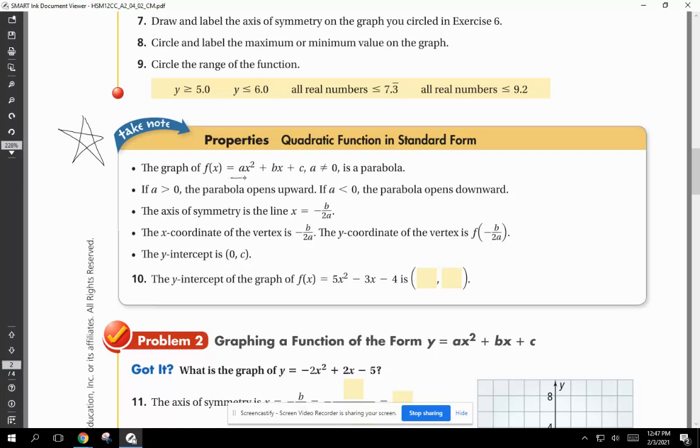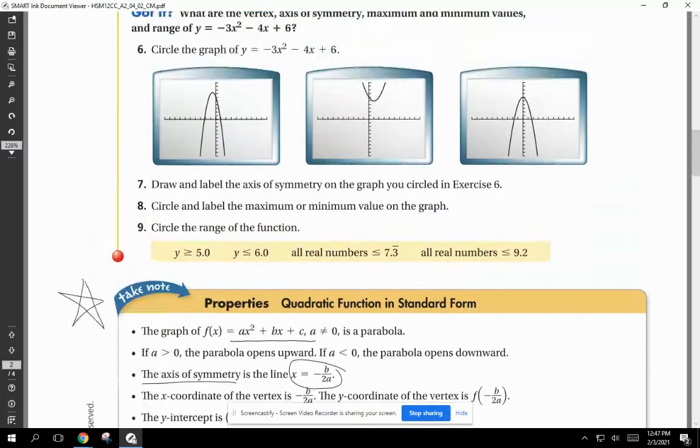Here is your standard form. Another formula that tells you in here is your axis of symmetry. Your AOS is negative b over 2a. So it's very important to know. So we're going to scroll back up.